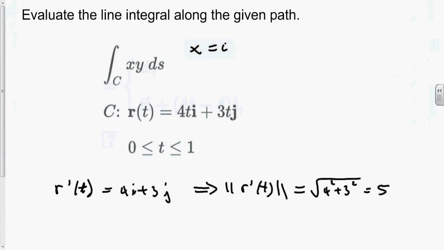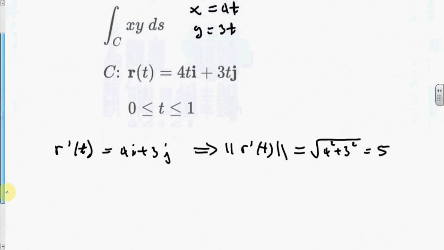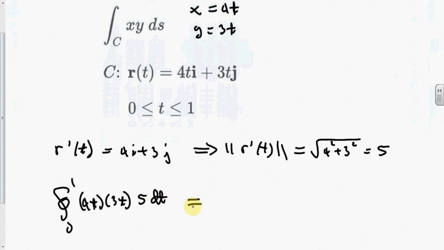You see that x is equal to 4t, y is equal to 3t. So this is the line integral from 0 to 1 here of x times y. That's 4t times 3t, then times ds, which is that magnitude, which is 5 times dt.